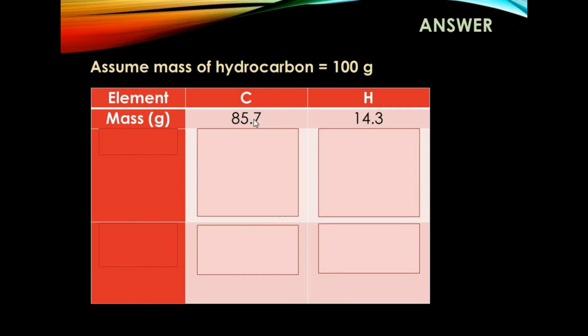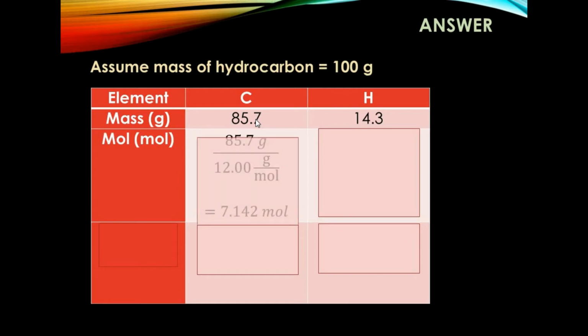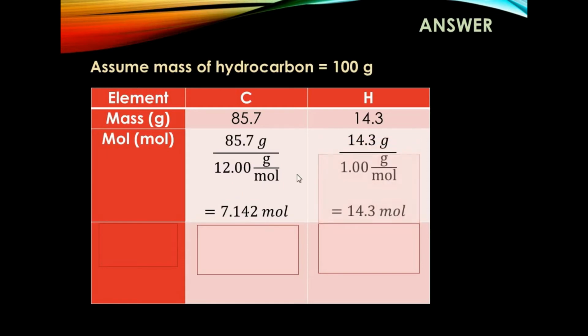So we get 85.7. Mole is mass divided by molar mass. The molar mass of carbon is 12, so we get 7.142 mole. For hydrogen, 14.3 divided by the molar mass of hydrogen, which is 1, so we get 14.3 mole. The next step is the simplest ratio.